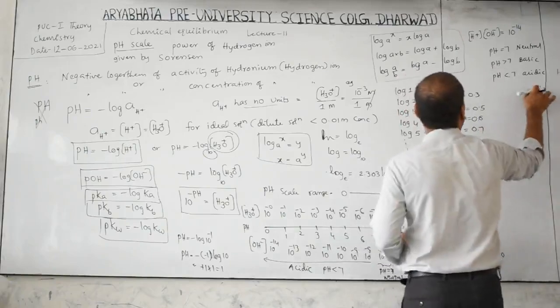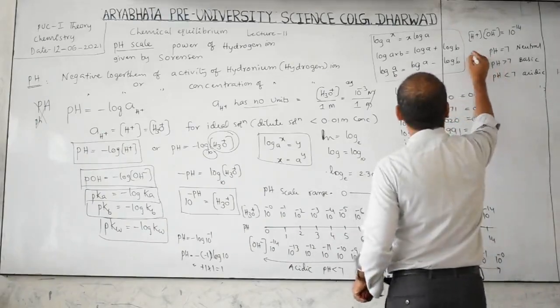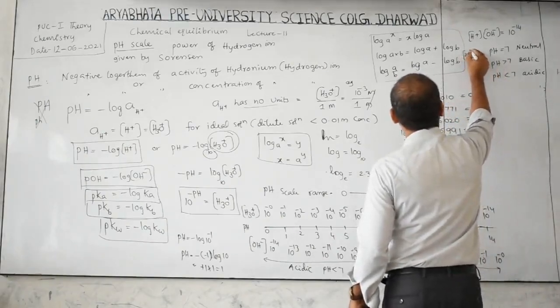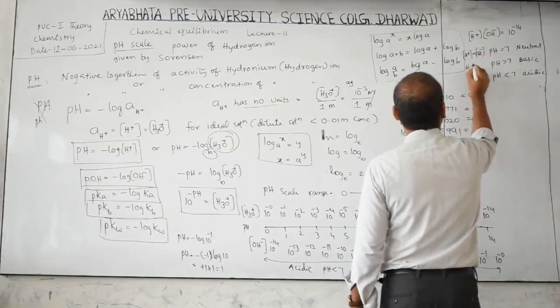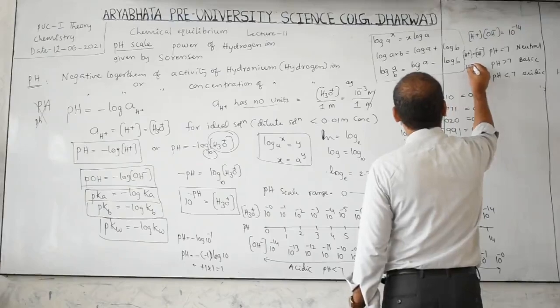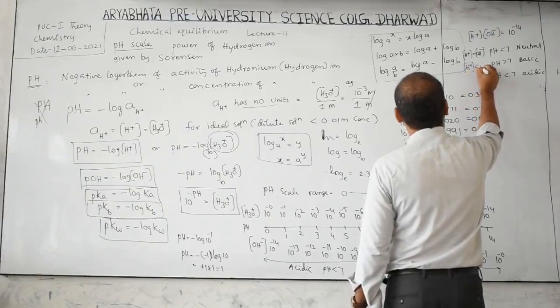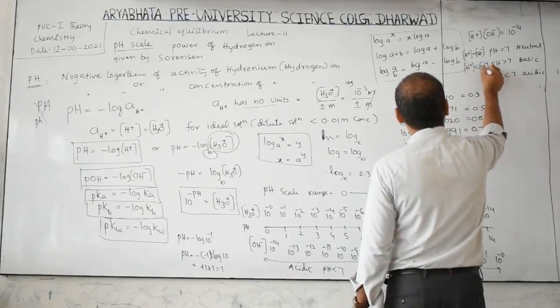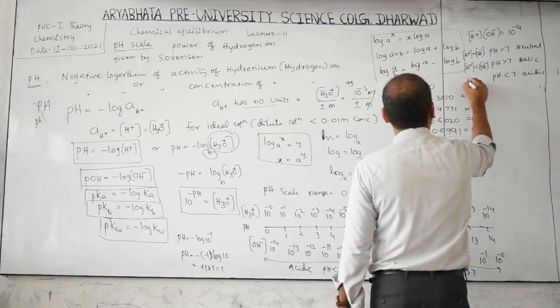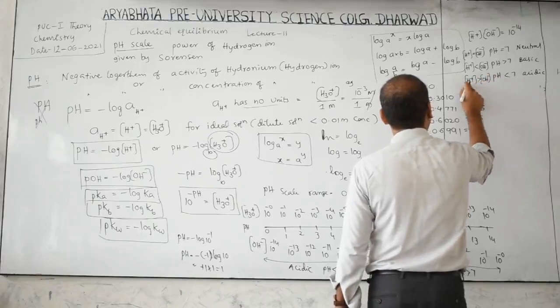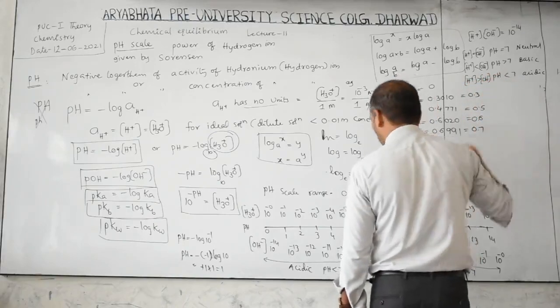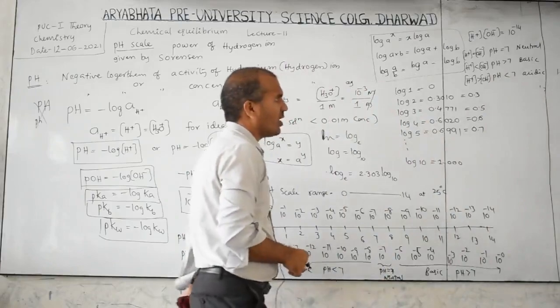So here pH means, at neutral, the H plus ion concentration is equal to the OH minus ion concentration. Here pH is greater, therefore the H plus ion concentration is lower than the OH minus ion concentration. This is greater, this is lower. Here the H plus ion concentration is greater than the OH minus ion concentration. This is greater, this is lower. Therefore pH is less.